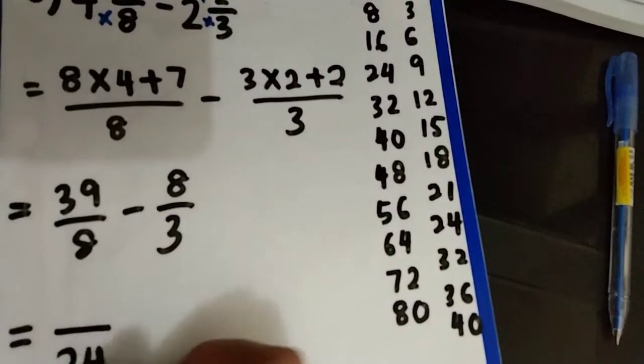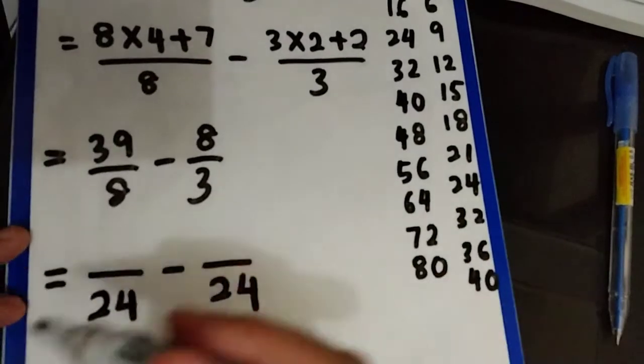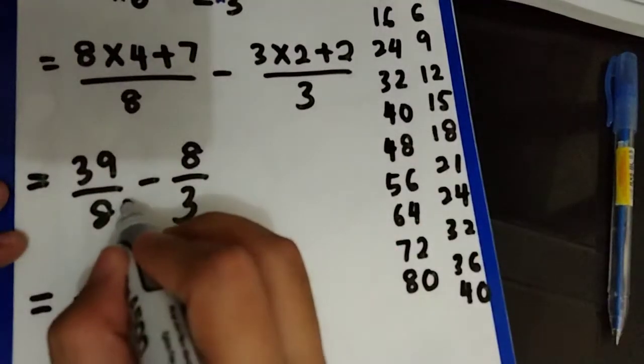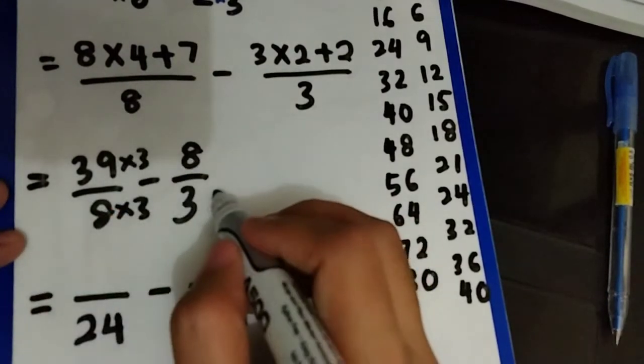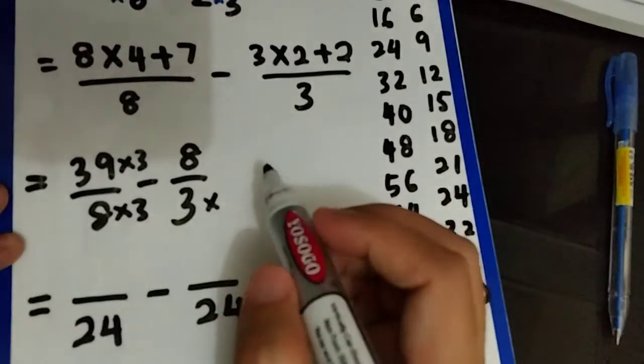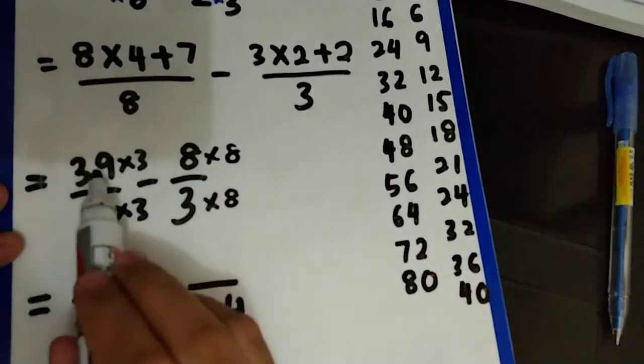8 times what gives you 24? 3 times 8 is equal to 24. So 8 times 8 also.